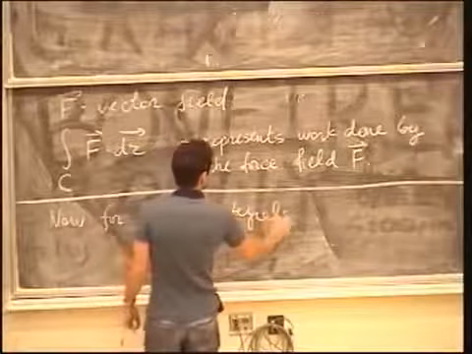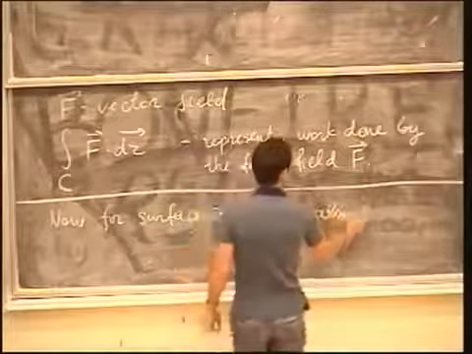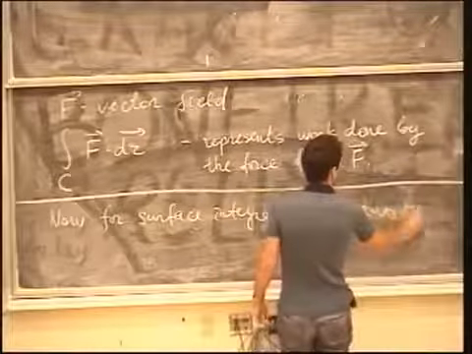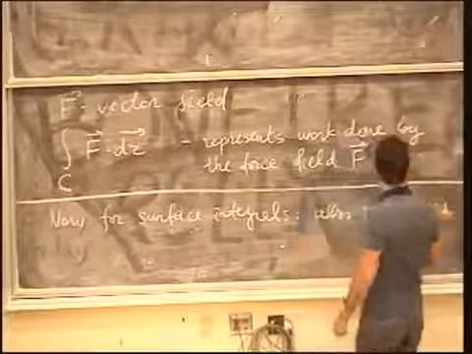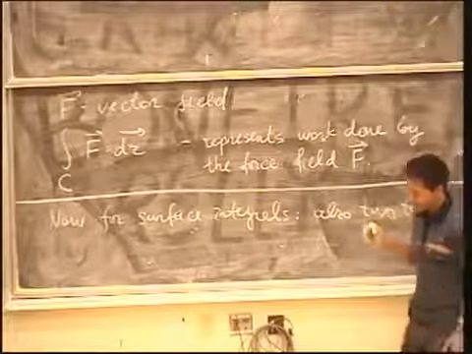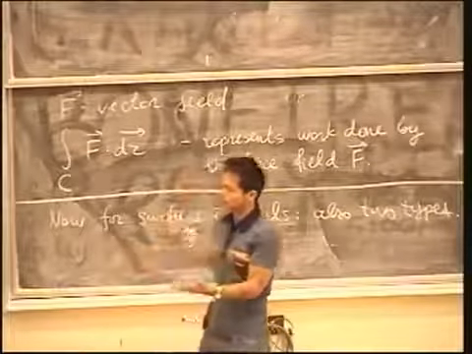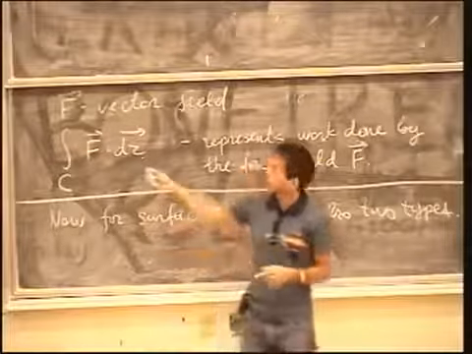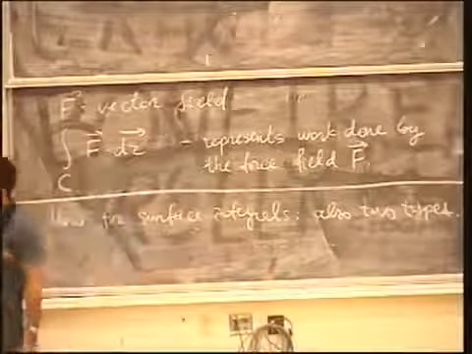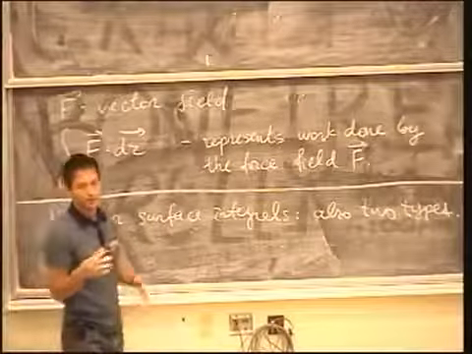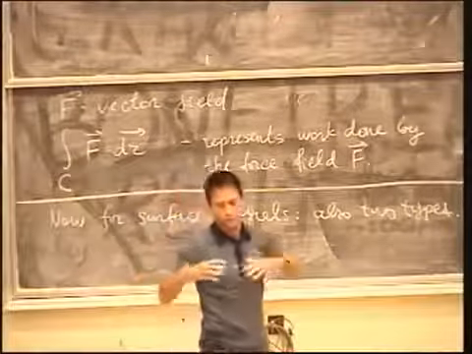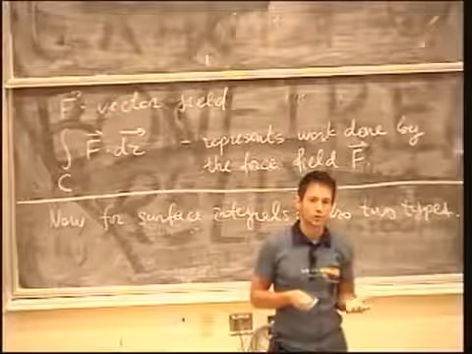For surface integrals, we'll also have two types. Now, I have to say from the beginning that this looks a little bit disconcerting, the way we talk about this. There are two types, and they seem unrelated. When we talked about the integrals over curves, I actually tried to explain that these are two special cases of the most general integrals over curves.